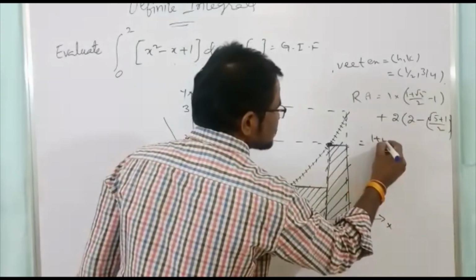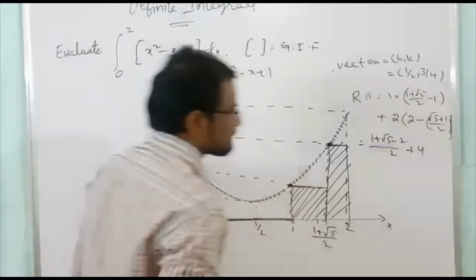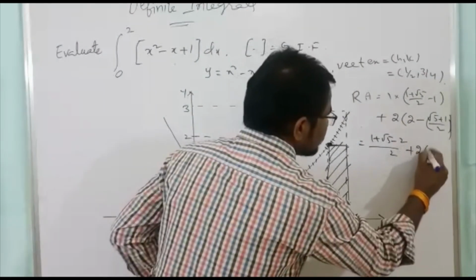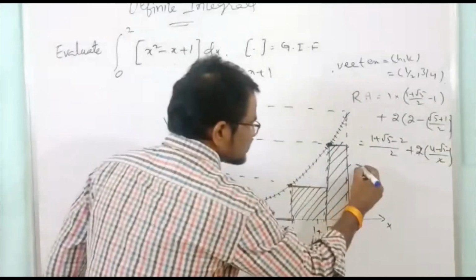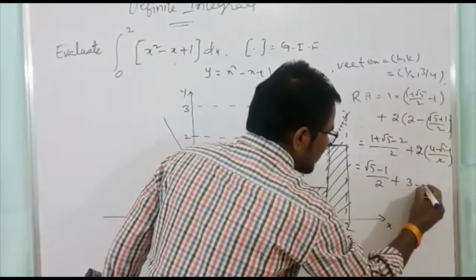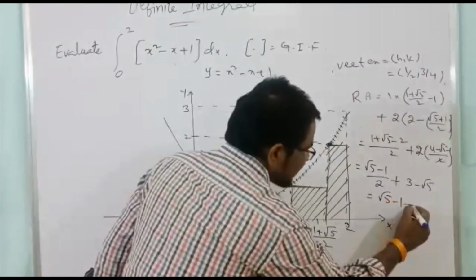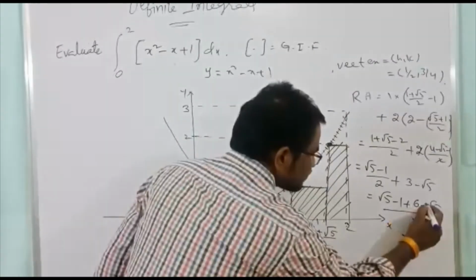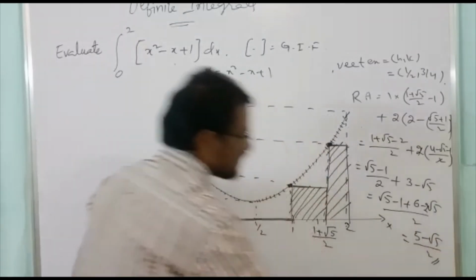That is equal to (1 plus root 5 minus 1)/2 plus, or you can simplify like this, 2 into (4 minus root 5 minus 1)/2. Now that is equal to root 5 minus 1 over 2 plus 4 minus 1, 3 minus root 5, which equals root 5 minus 1 plus 6 minus root 5 over 2, that is equal to 5 minus root 5 over 2. This is our required area.